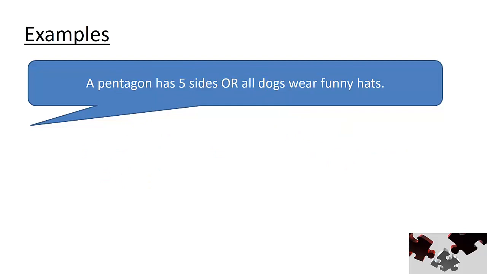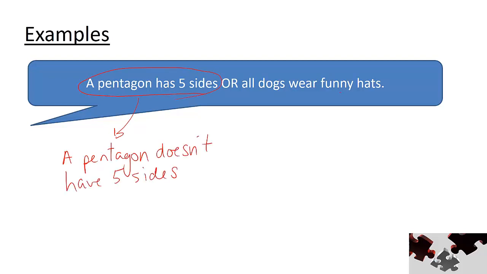How would we negate a pentagon has 5 sides, or all dogs wear funny hats? Again, I would probably start by negating each individual statement first. A pentagon doesn't have 5 sides. Notice here that we have a universal quantifier. If you need to review how to negate a UQ, take a peek at that lesson again.